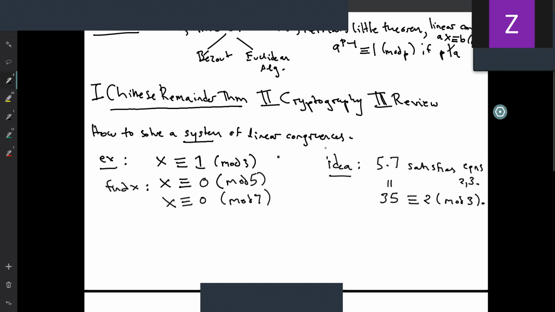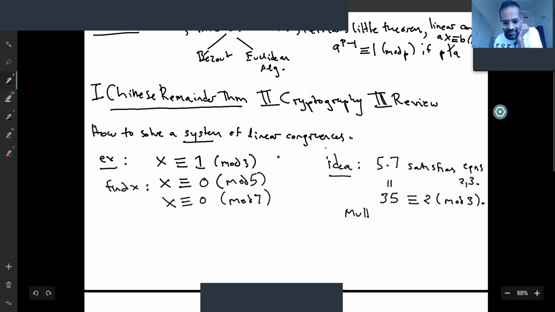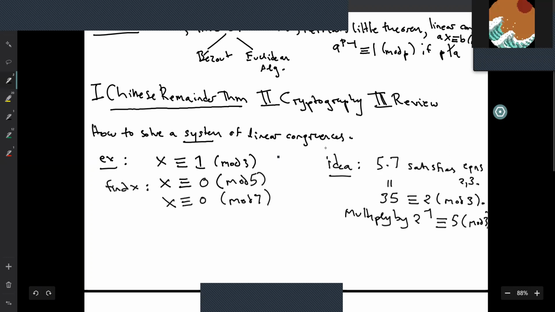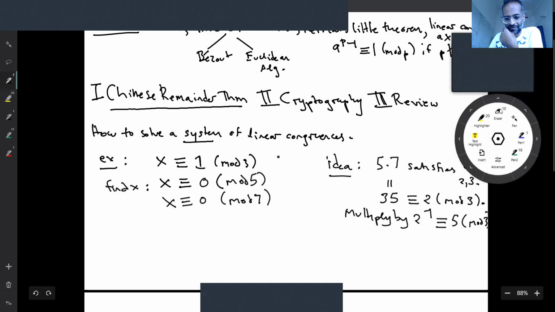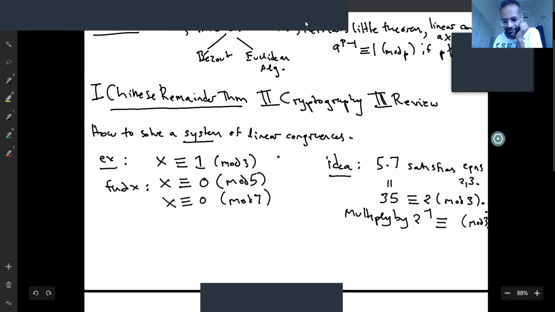Yeah, which would be 2 inverse, good idea, right? So now multiply by 2 inverse, which actually happens to be 5. Maybe that's why you came up with the 5. Or what am I saying? That doesn't make any sense. No. So 2 inverse actually is just 2 in this case. The inverse of 2 is itself mod 3.